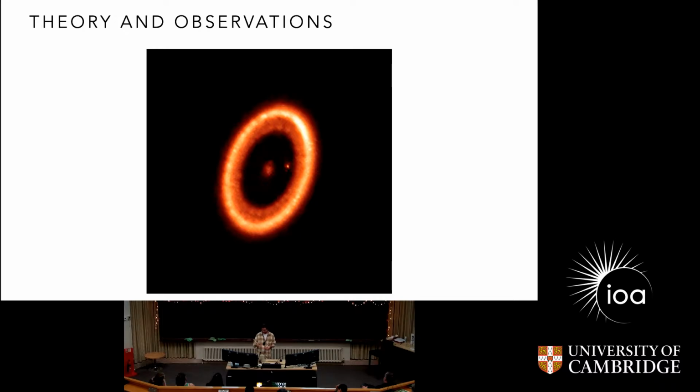This system is called PDS-70. What is very interesting about this system is that you see a bright dust ring, and inside you see this little bright spot, and this is a planet. This is one of the first directly imaged planets inside these protoplanetary disks, to show you that we can actually see them under particular conditions.